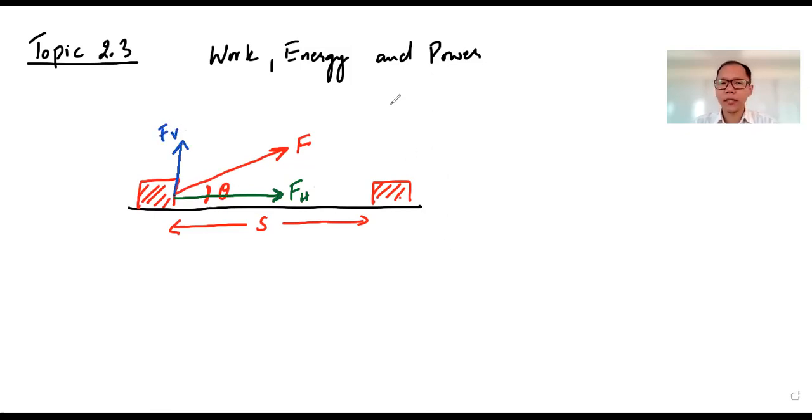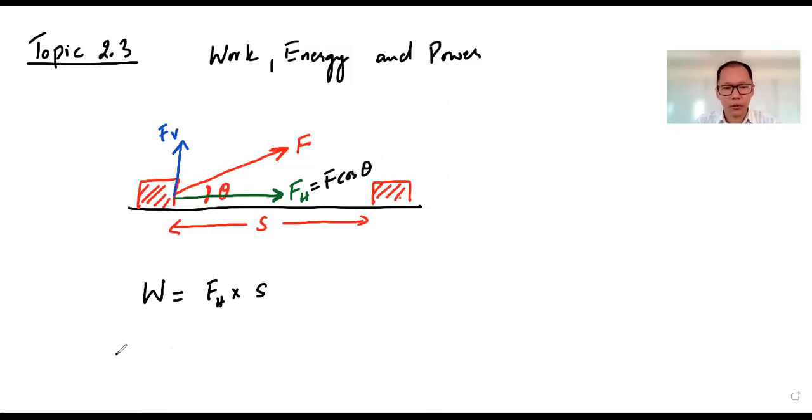When we want to find the magnitude of the force that does work on this box, we look at the horizontal component, because that's how we defined work. So the work done is F horizontal times the displacement. If we resolve the vector, then Fh equals F cos theta.